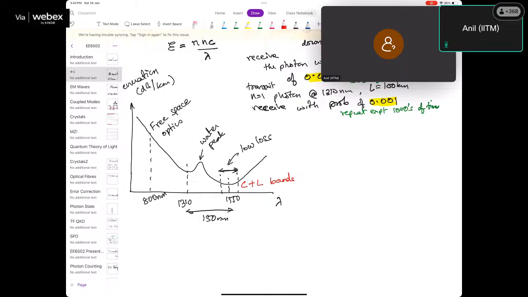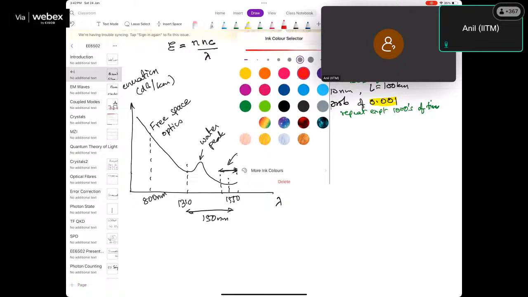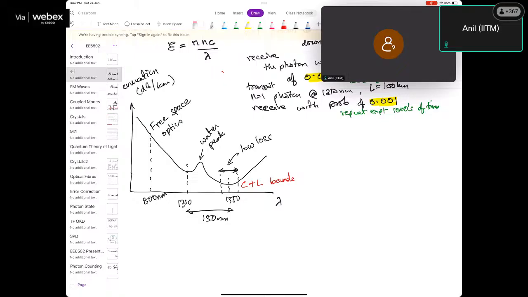By defining the C plus L bands, we are saying that they're bands, they have many wavelengths. And actually, they are as many as 40 wavelengths, all sitting down here.